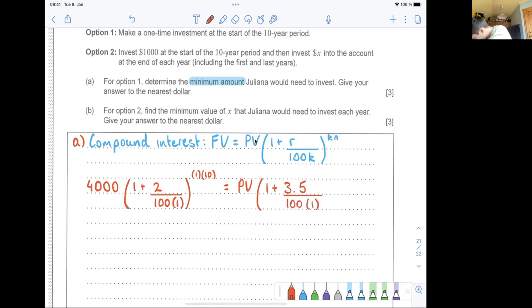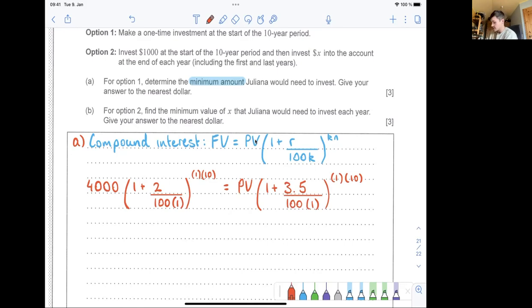So again, I'm going to put 1 in there, although it wouldn't be necessary for you to do that in your exam, but yeah, there we have our formula, our equation.